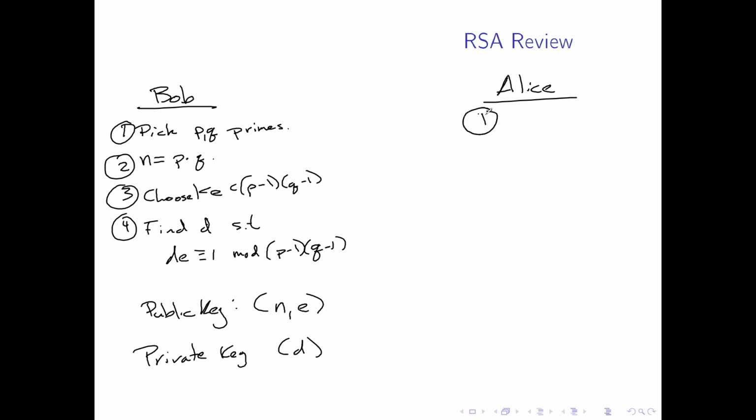So one, she has to look up Bob. By that, I mean there's directories out there where she can look up Bob, and she gets N, E.